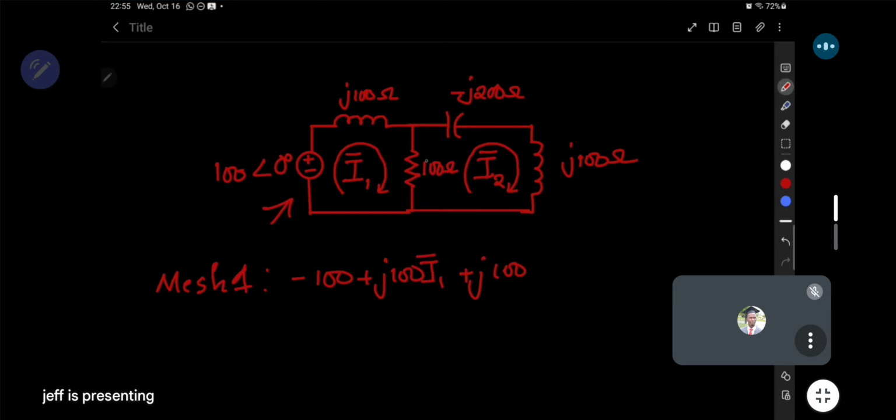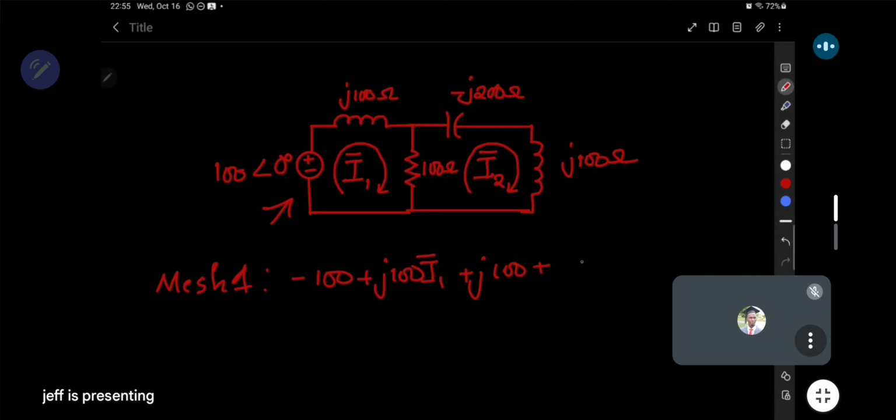Here, since it's this second one down here, it's affected by I1 and I2. So here, we're going to say it's going to be I1 positive minus I2. You can look at it like this, but the one I like, which is easier for students to follow, is since it is part of this loop, we'll add it first with the loop.